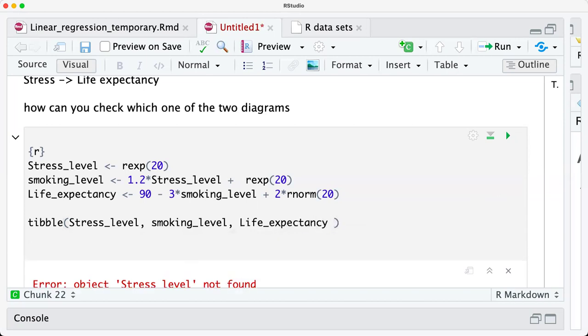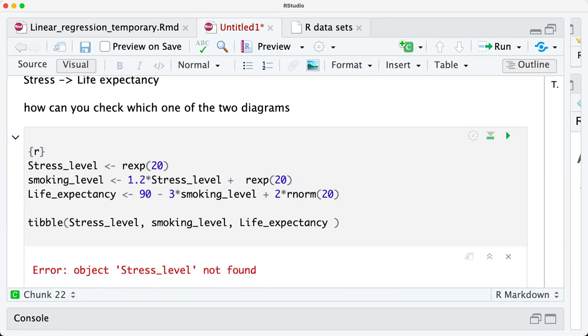And now the idea is that if we did a linear regression with the last two variables, what do we obtain?